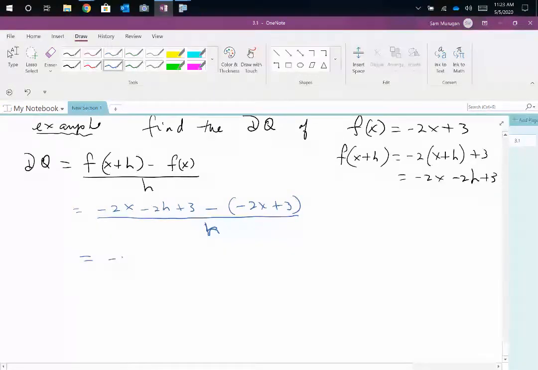So this is negative 2x minus 2h plus 3 plus 2x minus 3. As a hint to you, when you're doing a problem like this, everything that does not have an h should cancel out. By the way, this is over h.